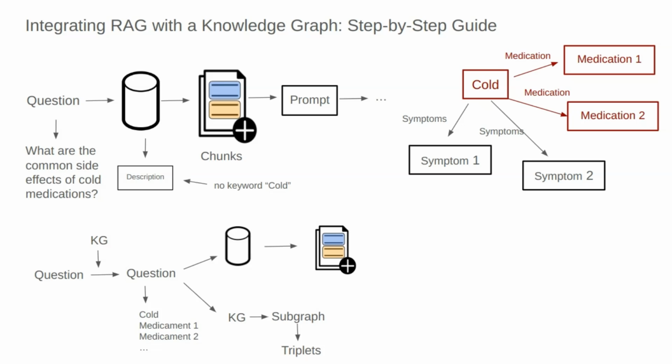We translate these triplets into text, then merge the textual representation of the graph with the chunks retrieved from the vector database. The combined result continues through the subsequent steps. This approach ensures that the final context includes potential answers. It compensates for cases where the vector database alone might miss critical information.